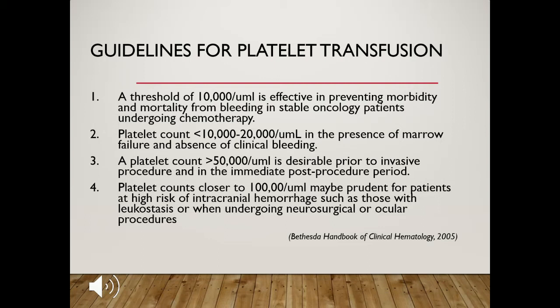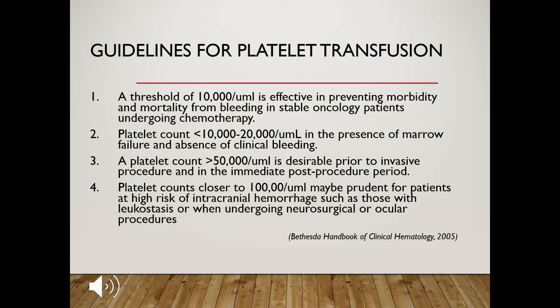Number 3, a platelet count more than 50,000 is desirable prior to invasive procedure and in the immediate post-procedure period. Okay. So, there are patients who are referred for surgery, abdominal surgery, ano pa, yung mga excision, biopsy, wherein the platelet is low.